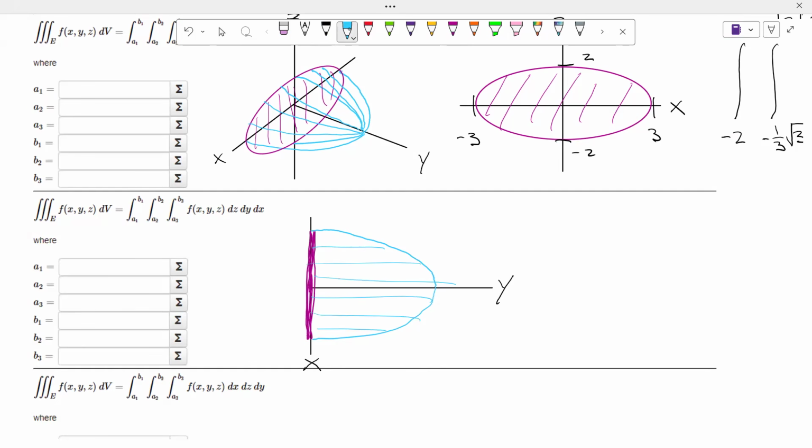So that's our region now after we project it into the xy plane. This is going to be the equation y equals 36 minus 4x squared minus 0, since z is 0 in this case. And x, we already saw, is in between 3 and -3.